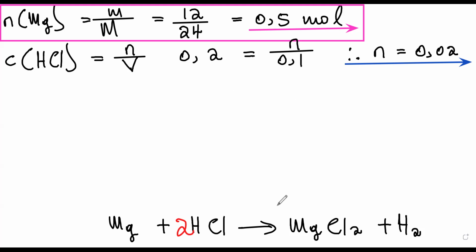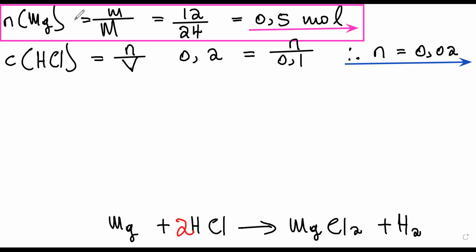Now, we have done the first step, which is to find the moles for both of these reactants. For this one, we had the mass. For this one, the concentration and the volume. Bottom line is we convert whatever it is that we are given to moles. Right. Now it's time for us to decide.